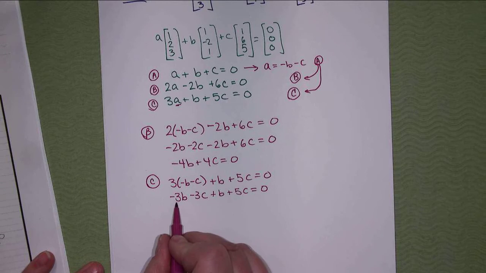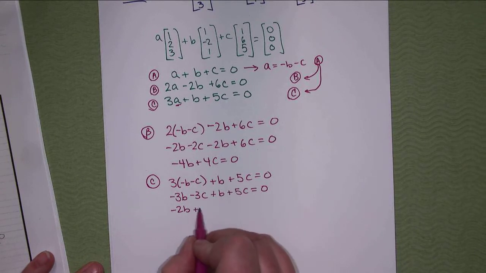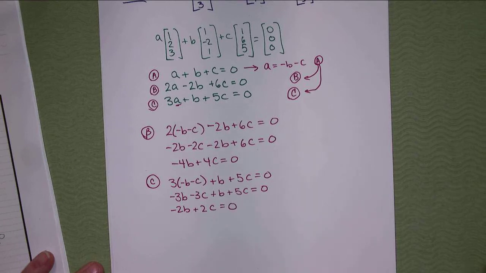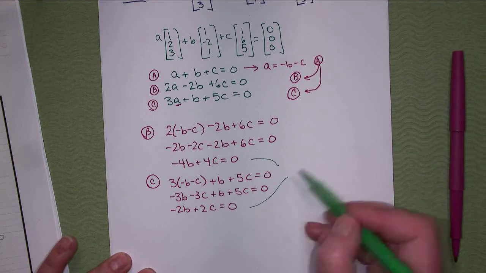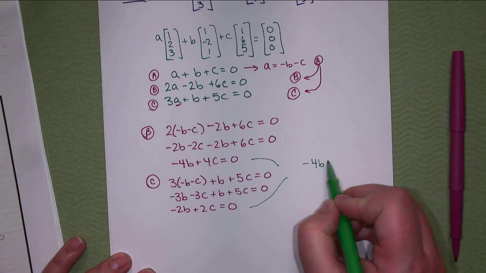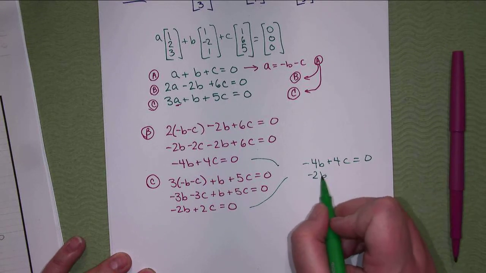So minus 3b and plus b is minus 2b. 2c. There. So now we have two equations. Minus 4b plus 4c equals 0, and minus 2b plus 2c equals 0.